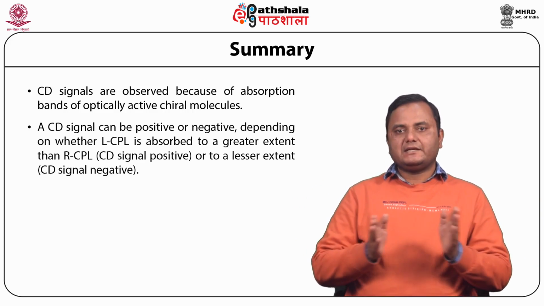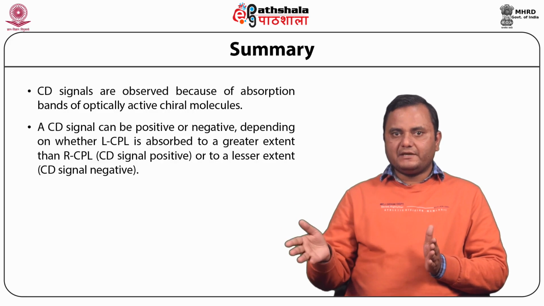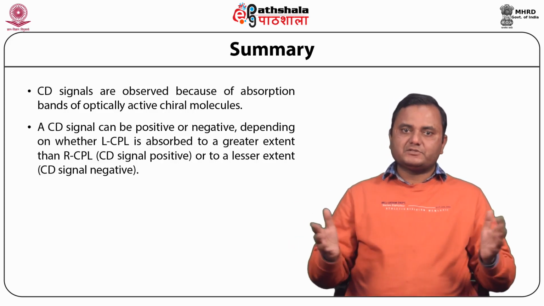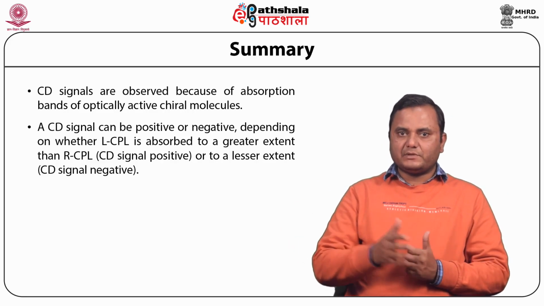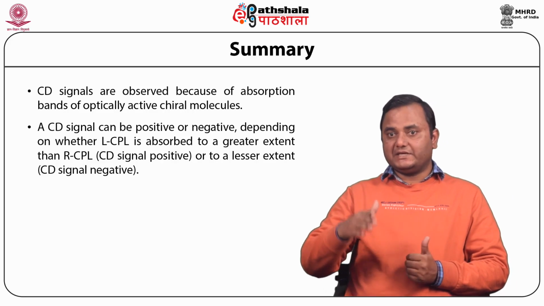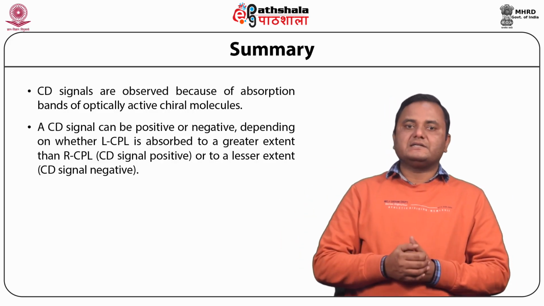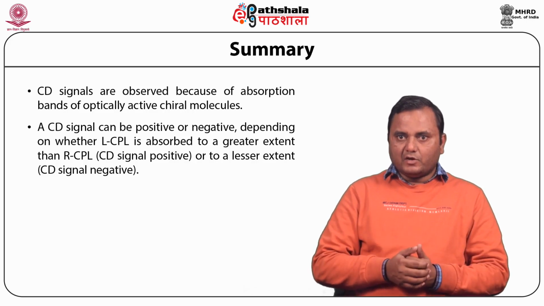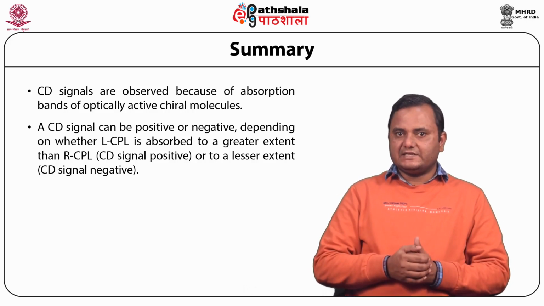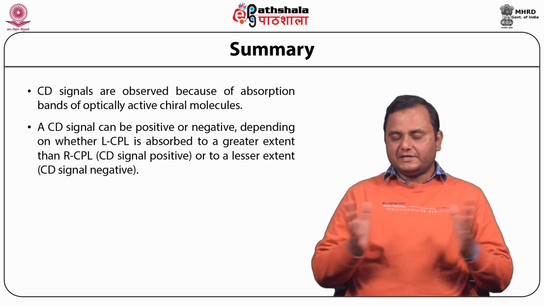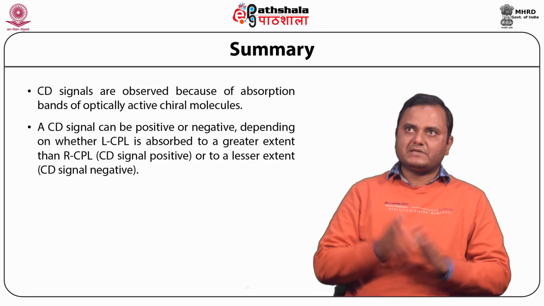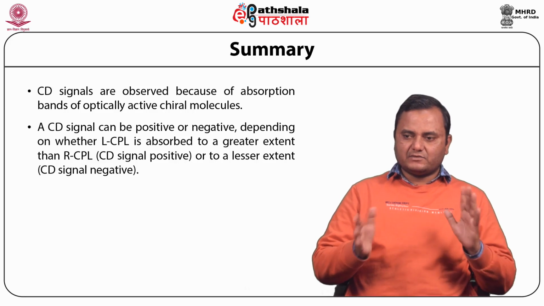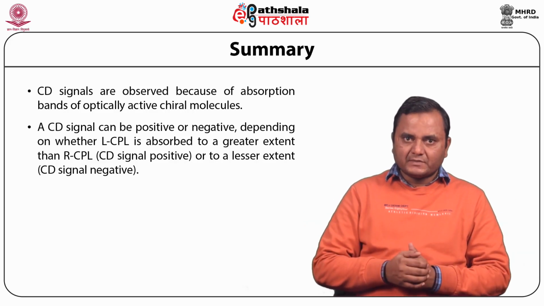A CD signal can be positive or negative. It depends on whether the left circularly polarized light is absorbed to a greater extent than the right circularly polarized light, giving a positive signal, or to a lesser extent, giving a negative signal. So it totally depends on the amount of left or right circularly polarized light absorbed.